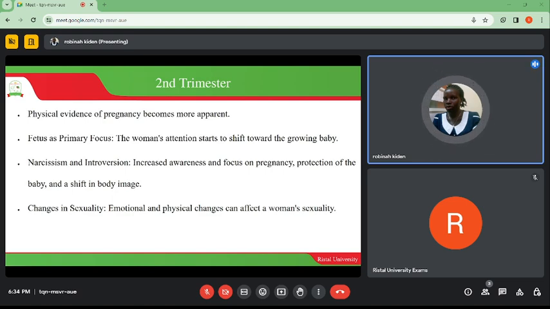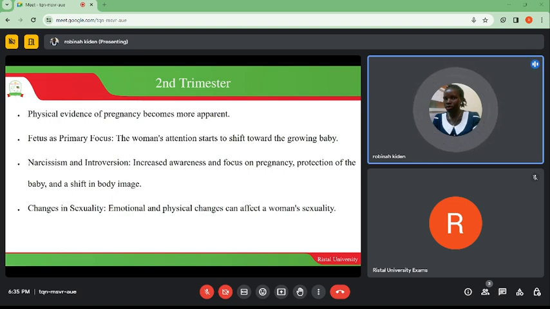Then the fetus will be a primary focus, so it will be more of the fetus should stay safe. Anything you do is attached to the fetus. You have to make sure the fetus is in a safe situation. You have to feed well so that the fetus is okay. You don't have to stress yourself because the fetus is okay, and many other things. So the fetus becomes the point of focus.